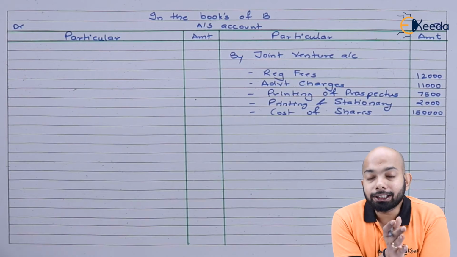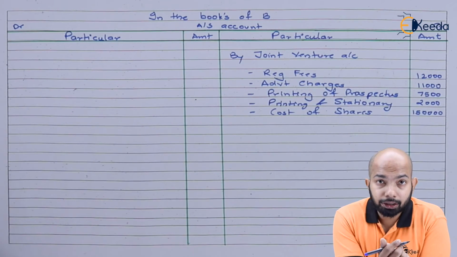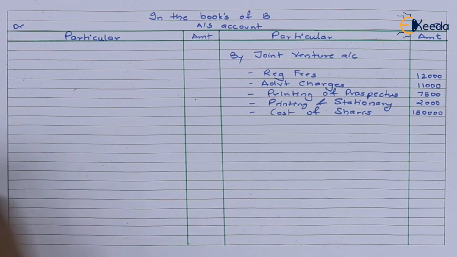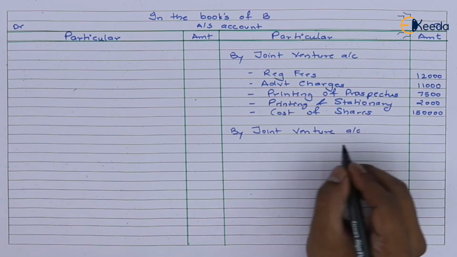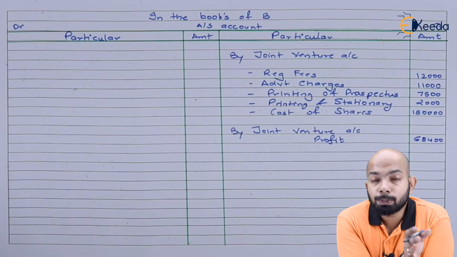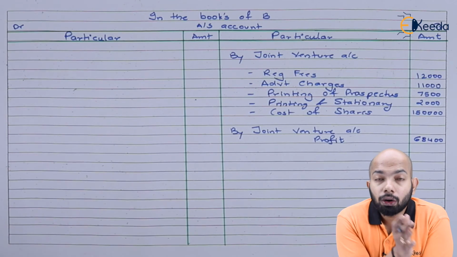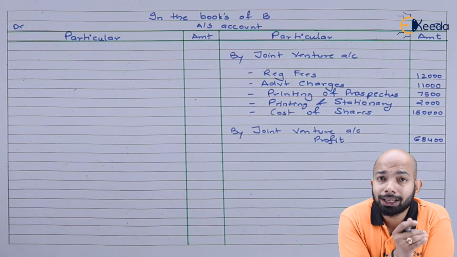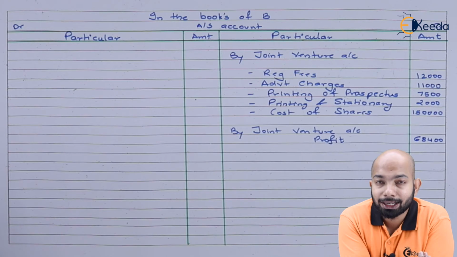So all the items related to A's expense have been mentioned here. Let's mention his profit now. So now that we have mentioned his profit, on the debit side we'll mention all the sale proceeds, and that will be the end of it, post which we'll be finding the balancing figure.